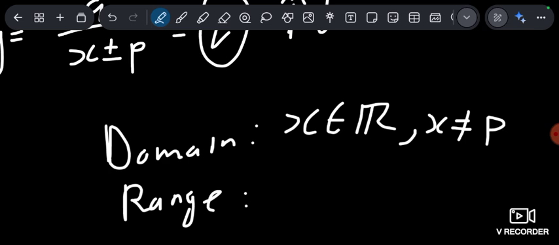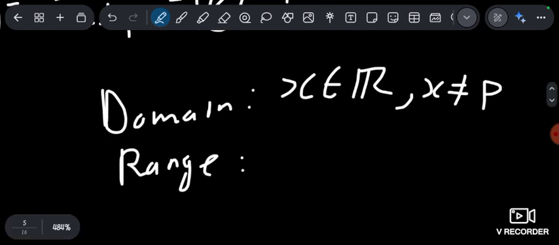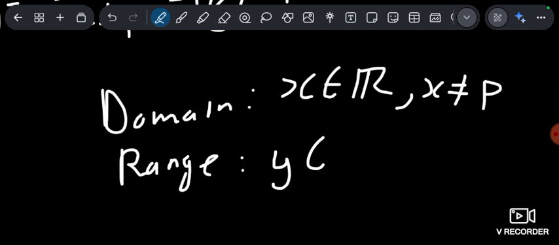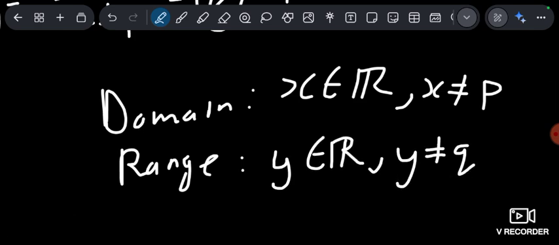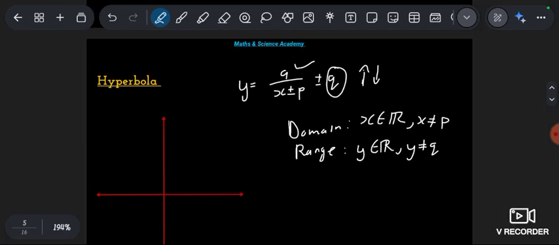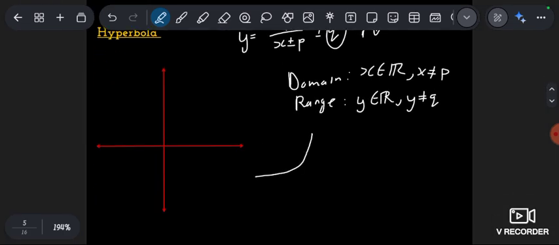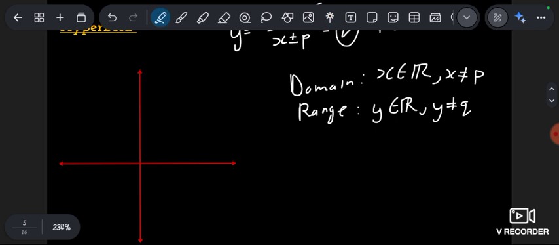The same thing must happen here: y is an element of the real numbers, but y must not be q. Why am I saying that? It can be anything, because as you see, the graphs continue to infinity, and the one thing that we can restrict them with is the asymptote. And I say to you, the asymptotes are what? Don't touch it. They do not touch the graph, and the graph does not touch them, right?